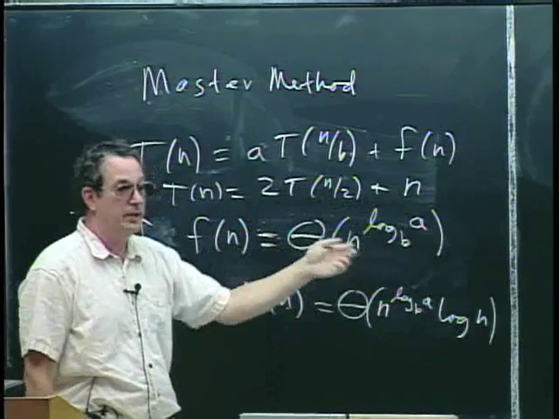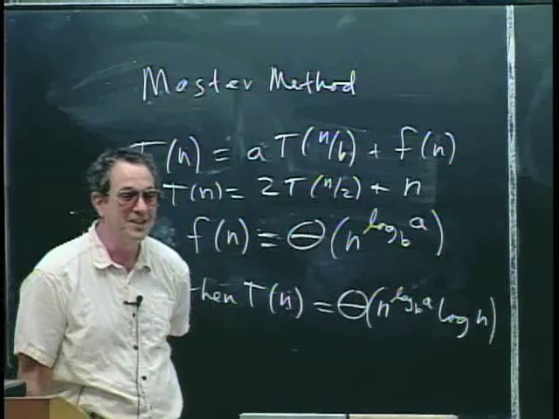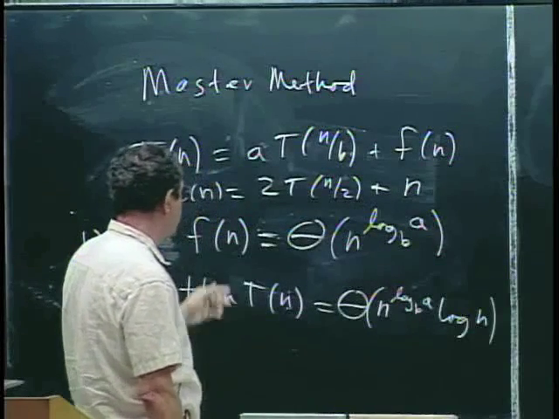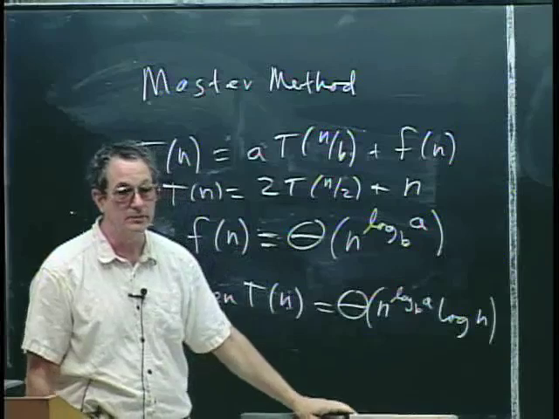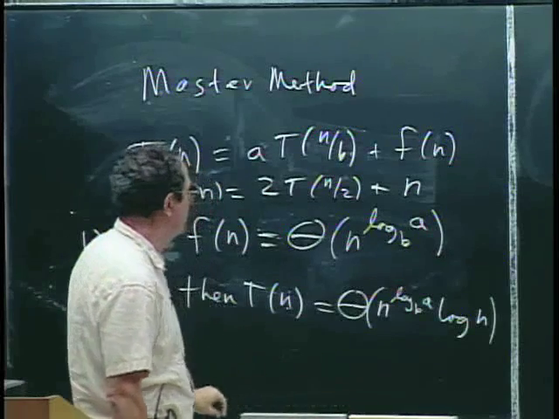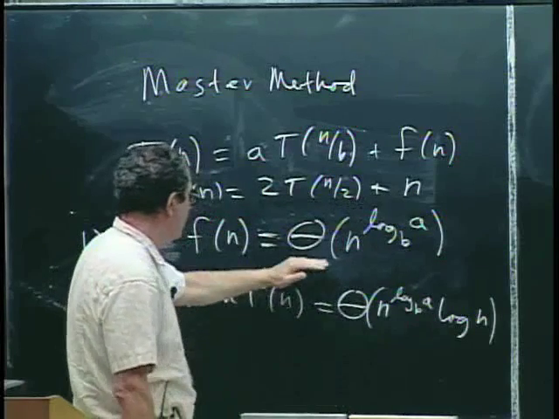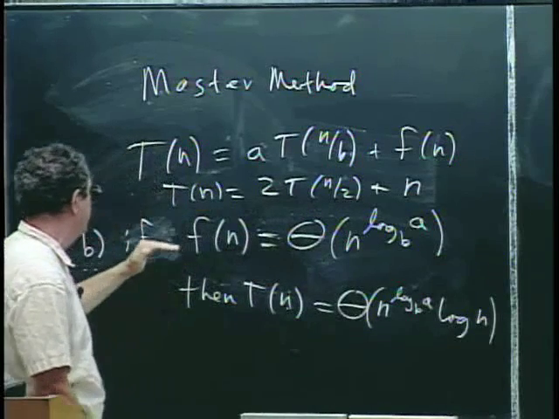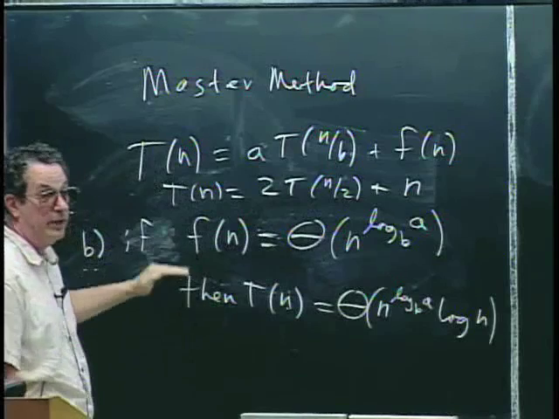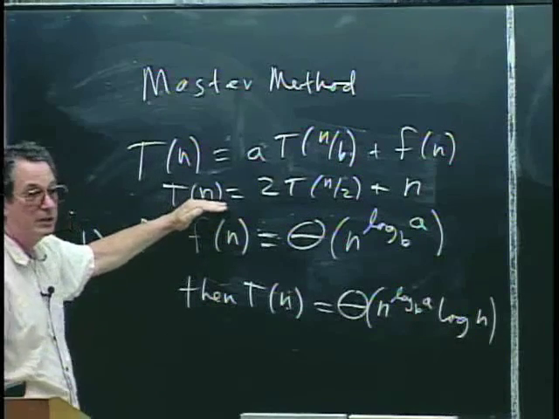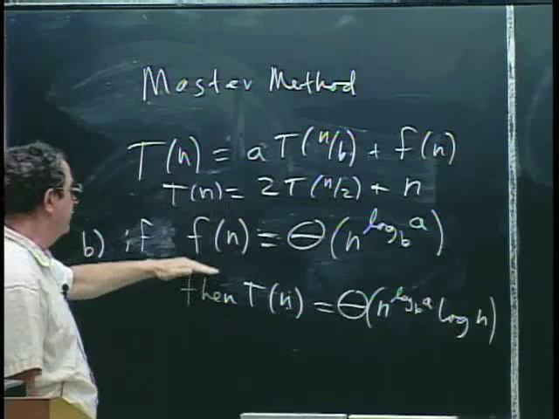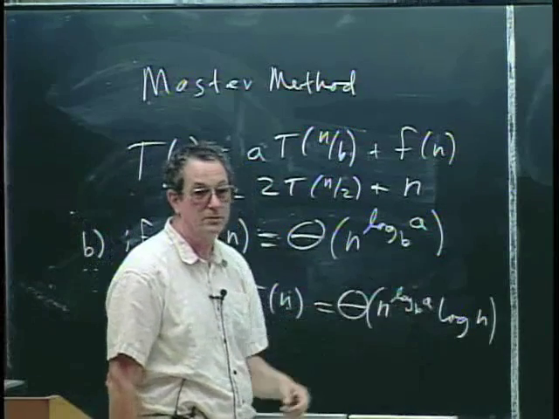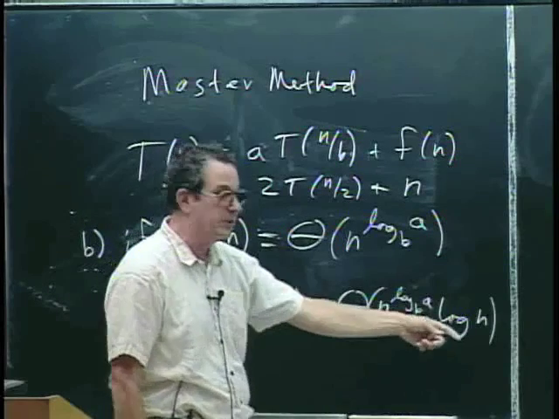Is n theta of n? Yeah, okay. Even if I had an n minus 1 here, is n minus 1 theta of n? Yeah, I think it is. Well, anyway, n is certainly theta of n. So this part of the master method applies to this particular recurrence. And therefore, T of n solves to n to the log base 2 of 2, which we just said was 1. So that's n times log n.